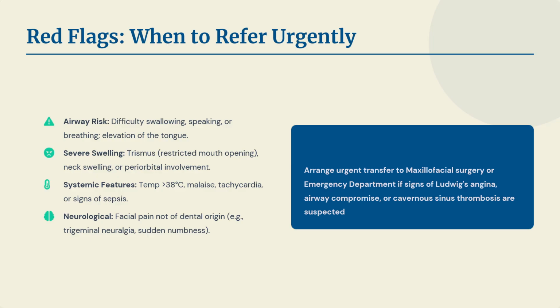And last but not least, you can see patients having atypical facial pain which is not of dental origin, something like trigeminal neuralgia, or a patient who feels sudden numbness. That should be referred as well.